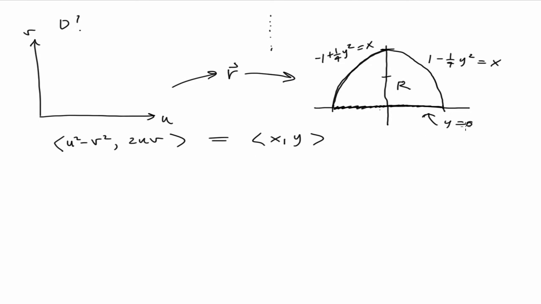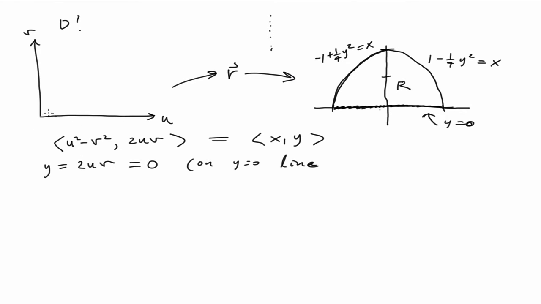So the first one I want to look at is y equals 0. Okay, so the y equals 0 line, how do I get that? So we see right here, immediately we have y equals 2uv. So if this is now equal to 0, so this is on the y equals 0 line, so I'm down here, what does that correspond to?